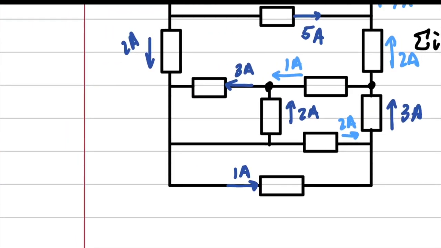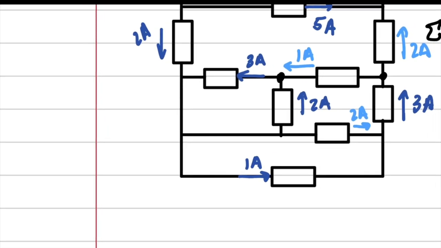Now, don't be fooled here. This is still a node, okay? And soon we're going to learn that it has the same voltage across these, but we don't know that right now. So let's go ahead and figure that out.